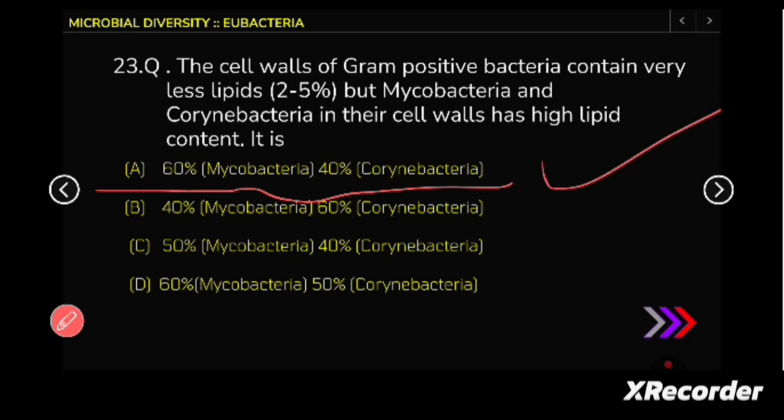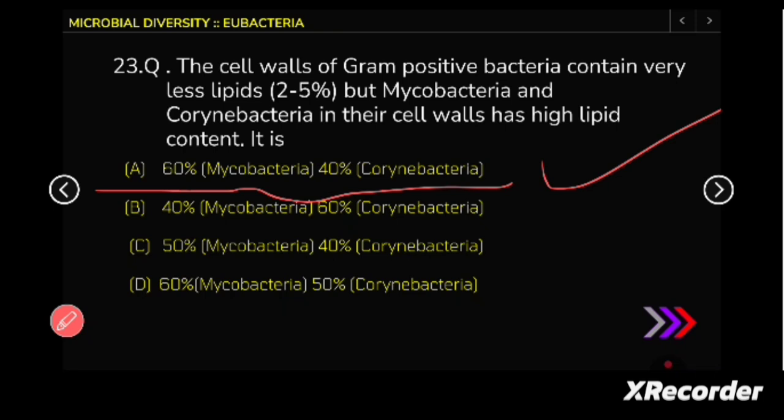In gram-positive bacteria, cell walls contain very little lipid, generally 2 to 5%, except mycobacteria and corynebacteria. Even though they are considered gram positive, they are acid fast. Mycobacteria are acid fast bacilli.